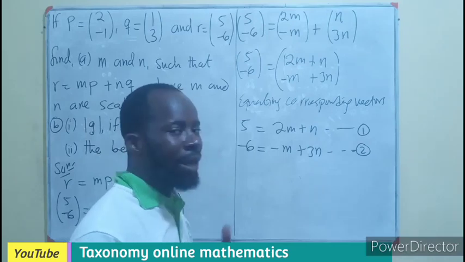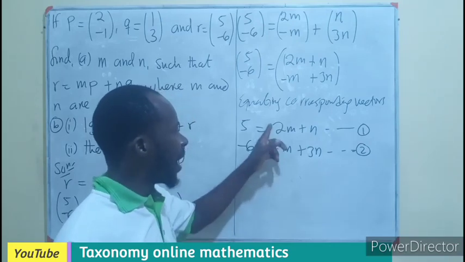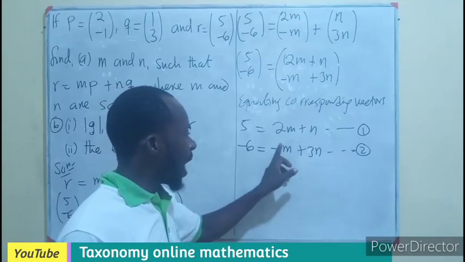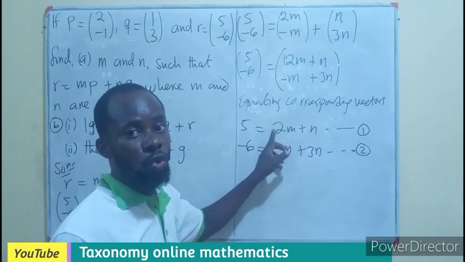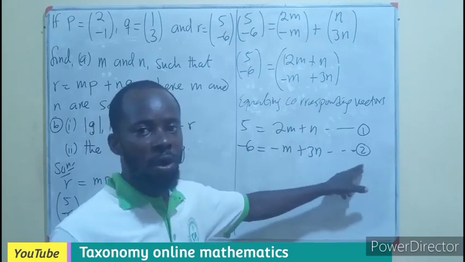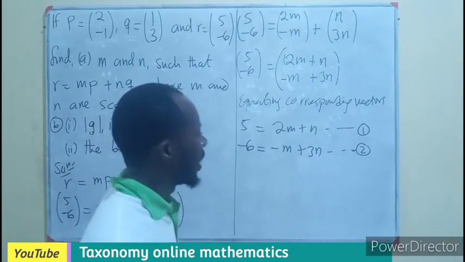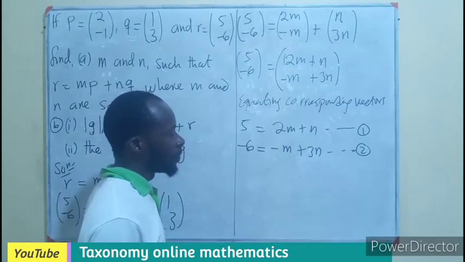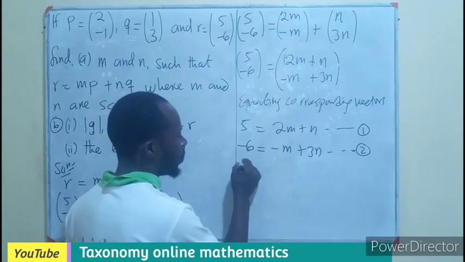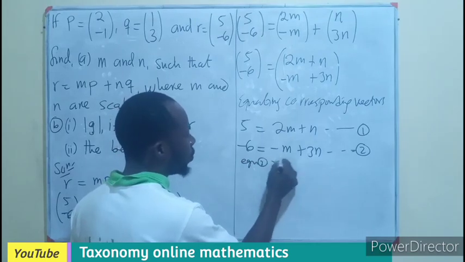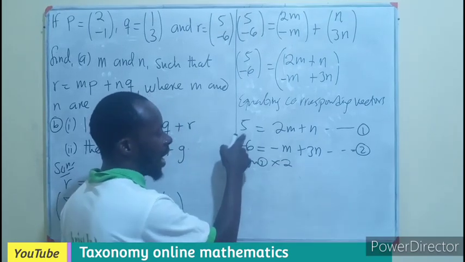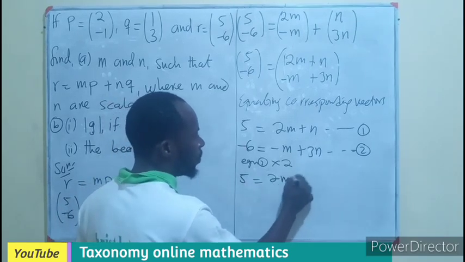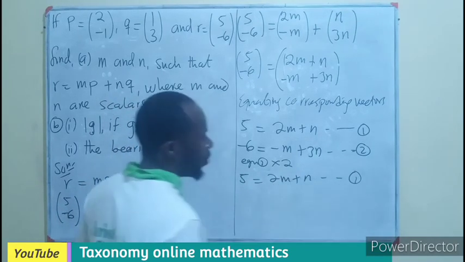If I want to eliminate M, I have to make sure the coefficients of M are the same. In this case, I have 1 here and 2 there. So I multiply equation 2 by 2 in order to make the coefficient of M in equation 2 equal to 2. I still maintain 5 equals 2M plus N as my equation 1.